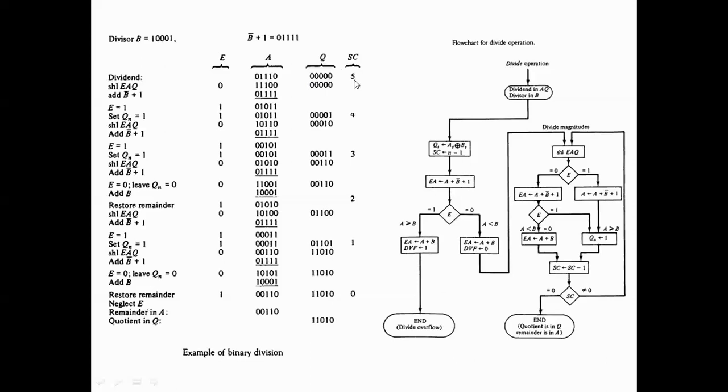We start. The first thing we do will be here. So we do a left shift of EAQ. So this left shift of EAQ means this and this will be shifted left.